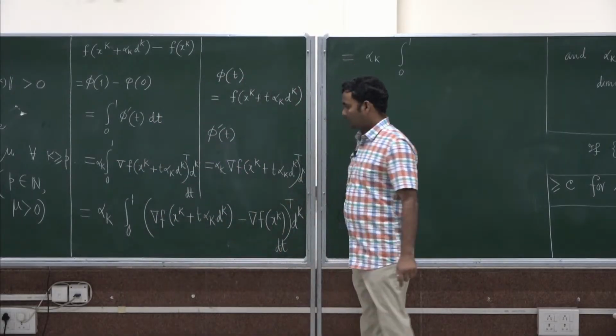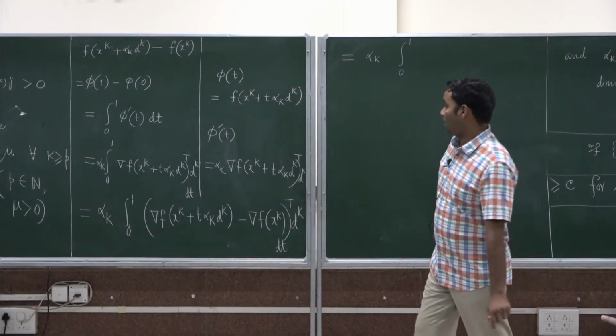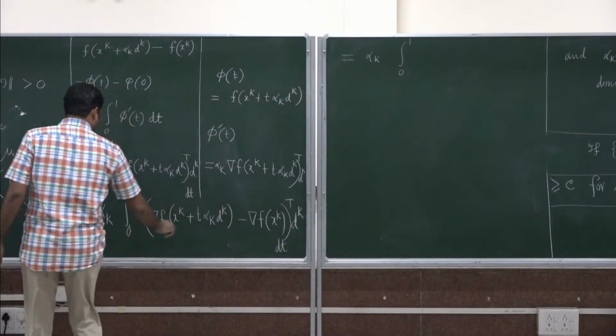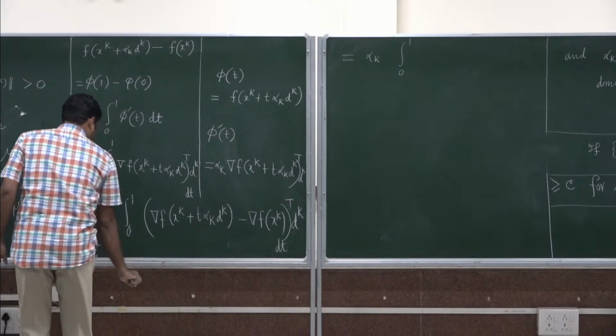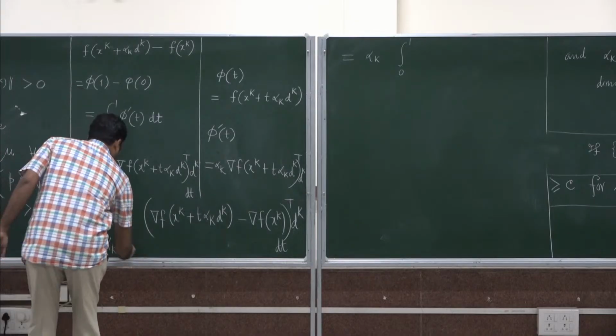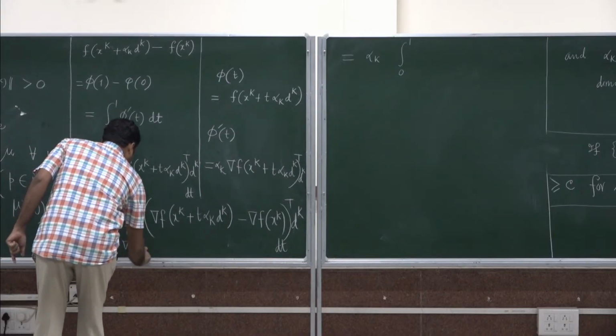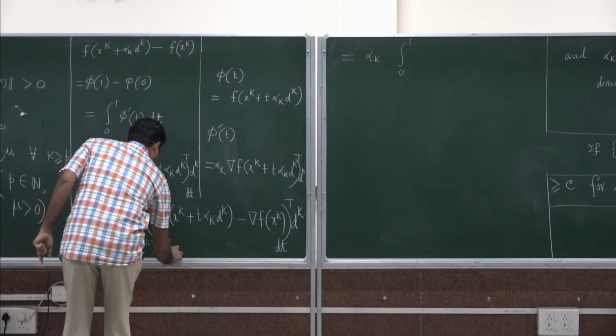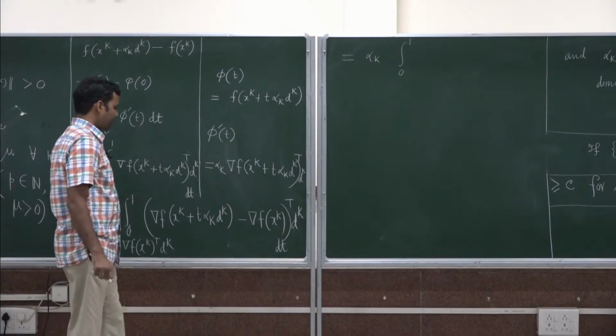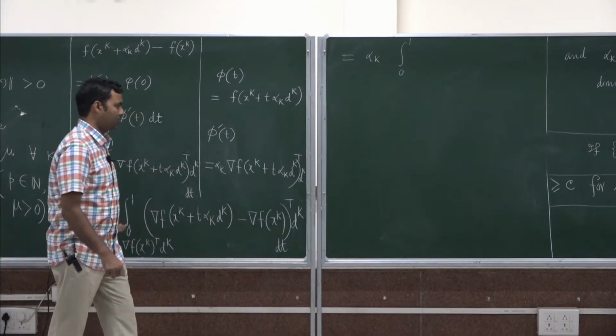Yes, I subtracted and then added, right? This addition is required. Gradient of f xk transpose dk. Fine. Plus alpha k and dt is integration 0 to 1, so on.